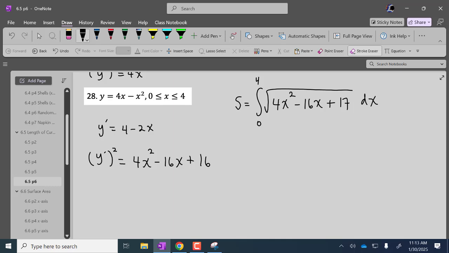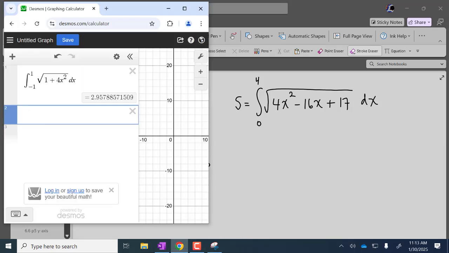And again, that is going to be an integrand that we will not be able to integrate. The first one we will learn how to integrate. This one, even with our technique called trigonometric substitution, most likely will not be integrable. So we just have to plug it in.